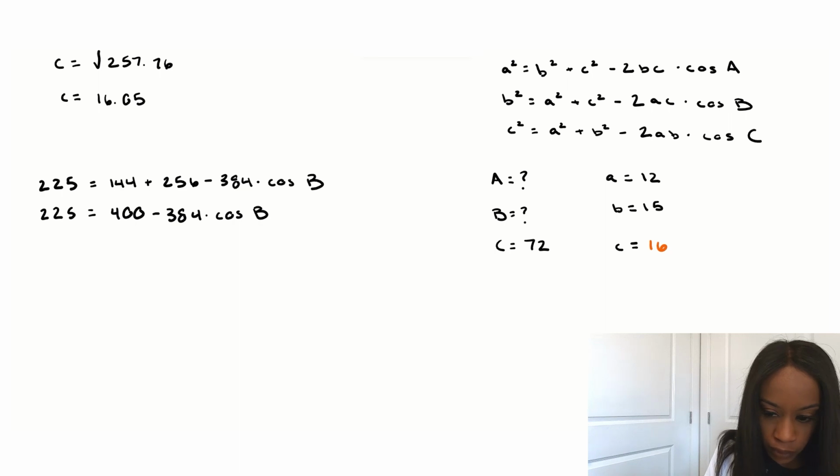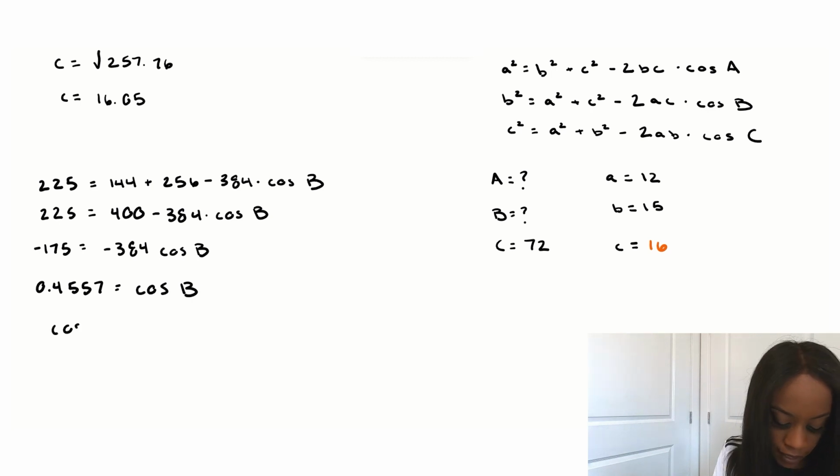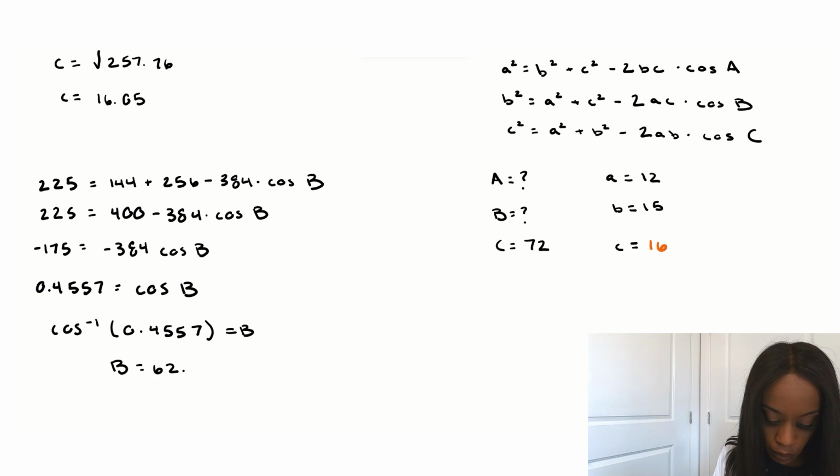I'll subtract 400 from both sides to give us negative 175 equals negative 384 cosine of B. Next, we'll divide negative 384 on both sides to give us 0.4557, which is going to equal cosine of B. To get B by itself, we'll find the inverse of cosine of 0.4557, which gives us a final answer of 62.8.